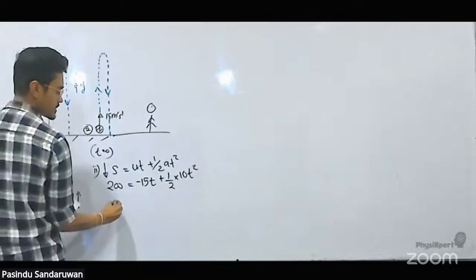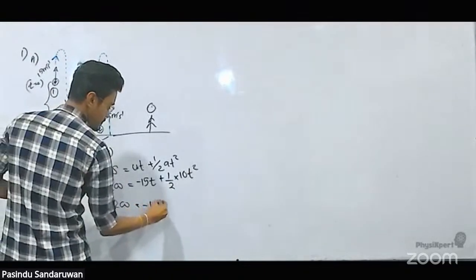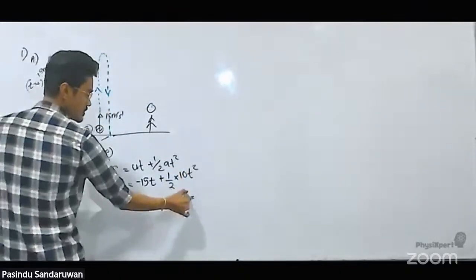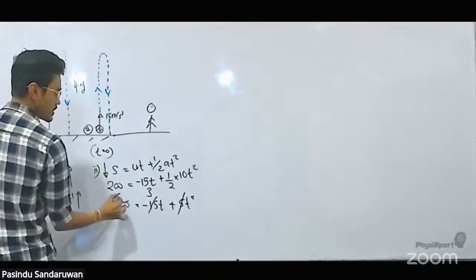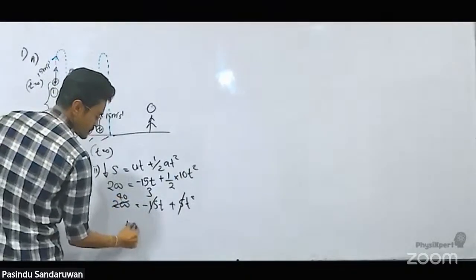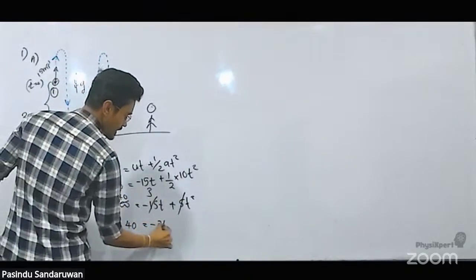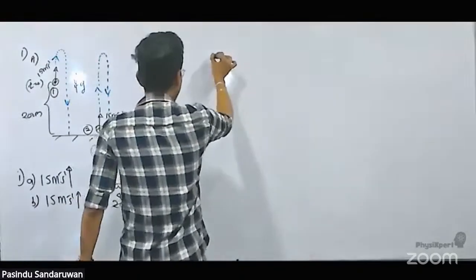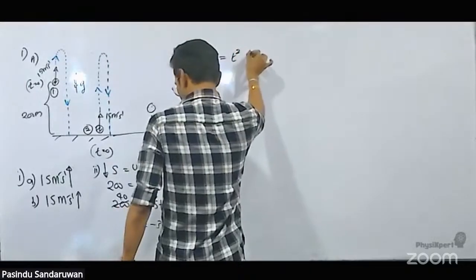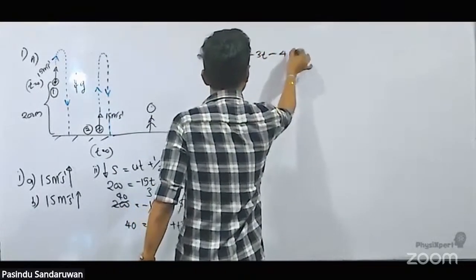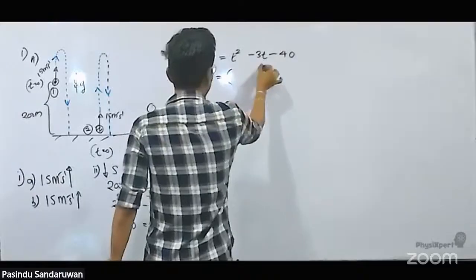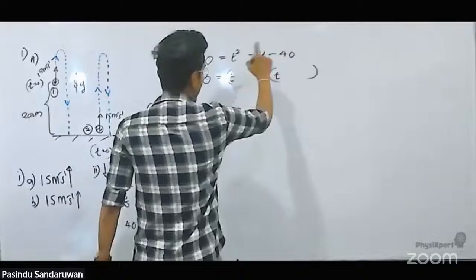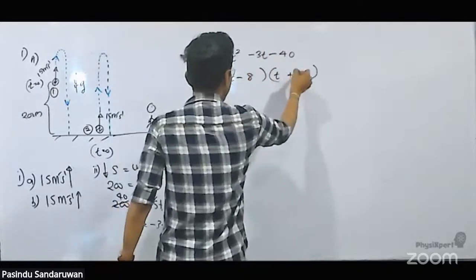Simplify this. 200 equals minus 15t plus 5t squared. Divisible by 5: 5 times 3 and 40. Then 40 equals minus 3t plus t squared. So the respective quadratic equation is 0 equals t squared minus 3t minus 40. Factorize this and find the roots: minus 8 and plus 5.